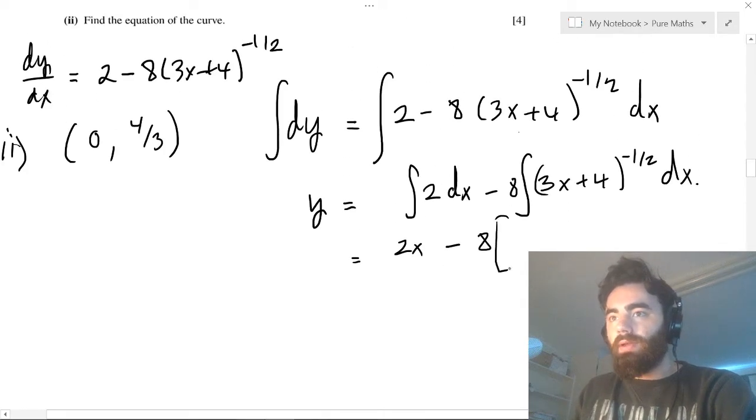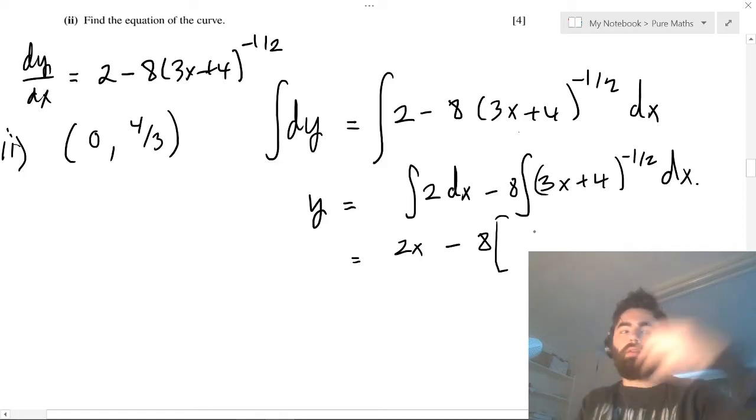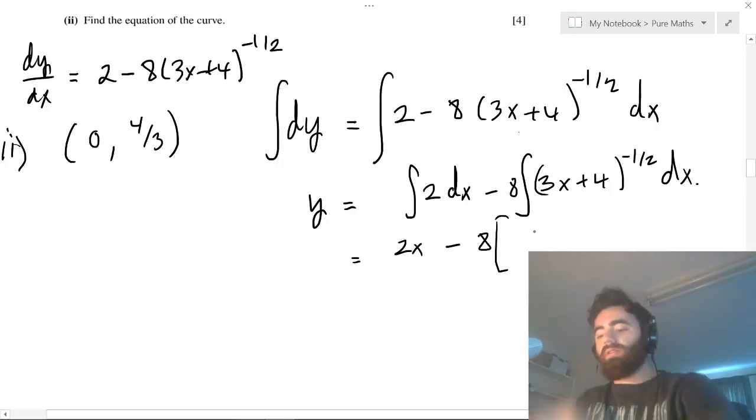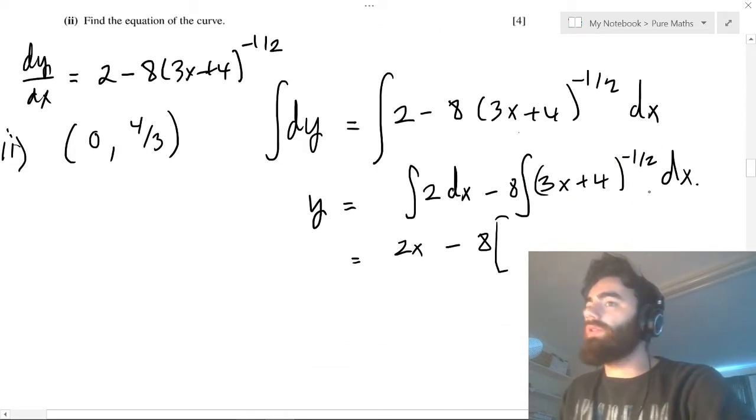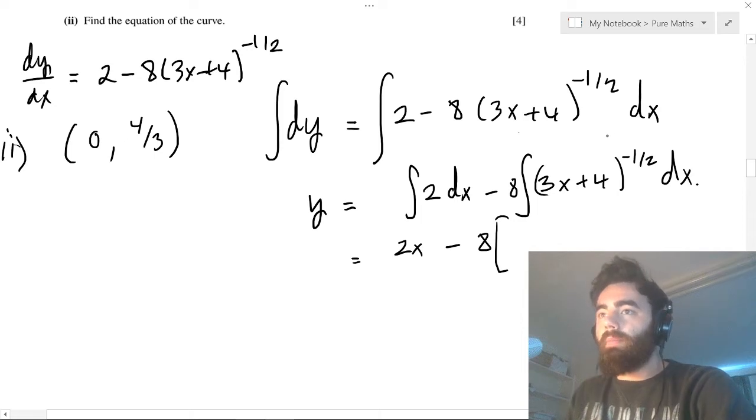well, this integrated is, again, the way you do this is a product of the chain rule we used before. Basically you go up by a power, divide by the power, so you have 3x plus 4, go up by a power to a half, divide by a half, which is the same as timesing by 2.